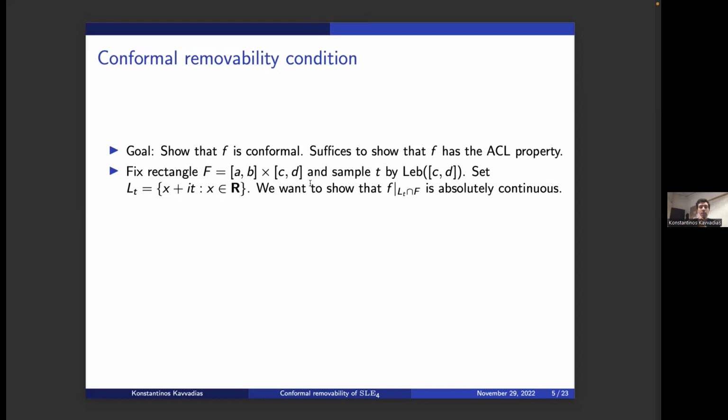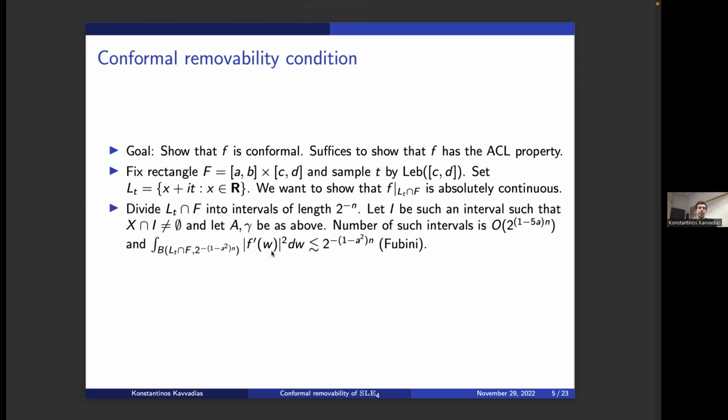Then we want to show that for Lebesgue almost every t in that interval, the restriction of F to the part of the line in the rectangle is absolutely continuous. And the same, of course, is true when instead we cut the rectangle with lines vertically.